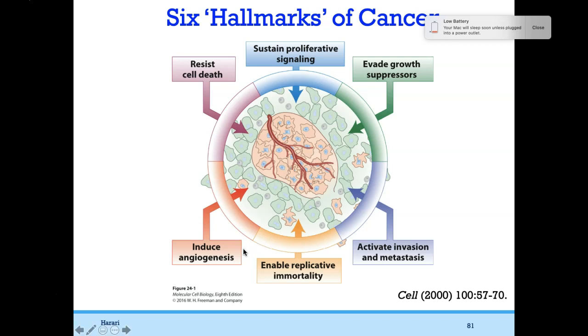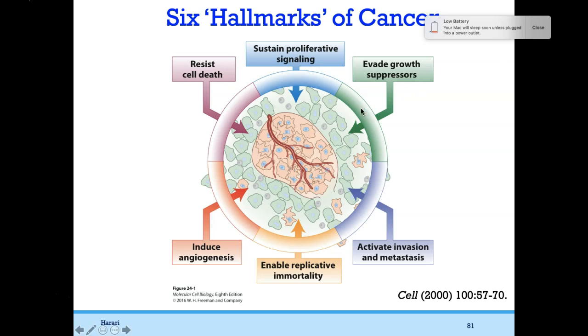So taken together, there are 6 hallmarks of cancer, and these are very important to understand. And I have a summary slide on the next 2 pages, or 2 summary slides, I should say. But overall, cancer cells resist cell death, right? They resist apoptosis. They sustain proliferative signaling, meaning they always are told to go and divide.